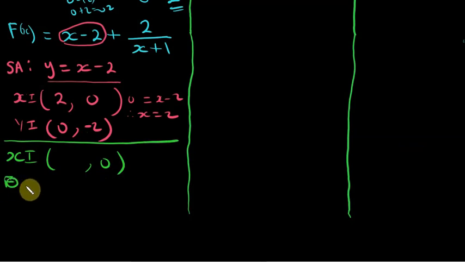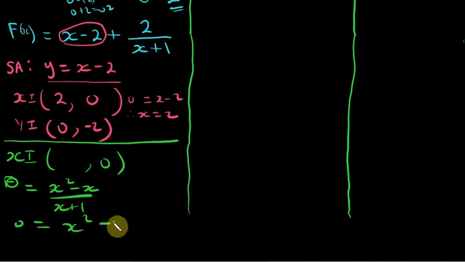When y is 0, it's x squared minus x over x plus 1. What is x when y is 0? 0 equals x squared minus x, which equals x times x minus 1.